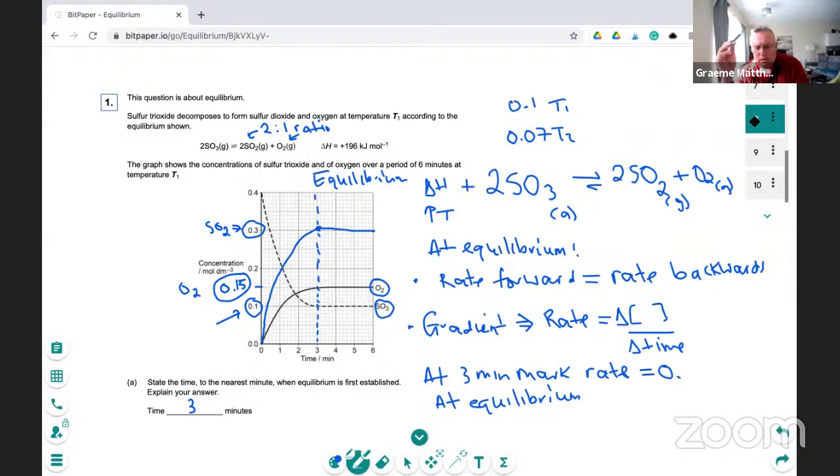The working version I use is away from the side you add, towards the side you take away from. So we looked at what happens if you increase the concentration, decrease the concentration, and also the one with the pressure. Increase the pressure, decrease the pressure, it's going to move to that side to relieve the stress.